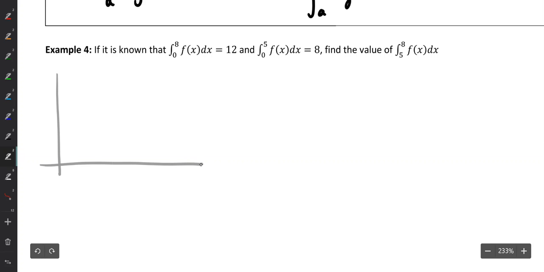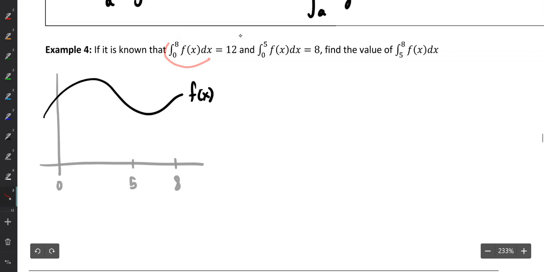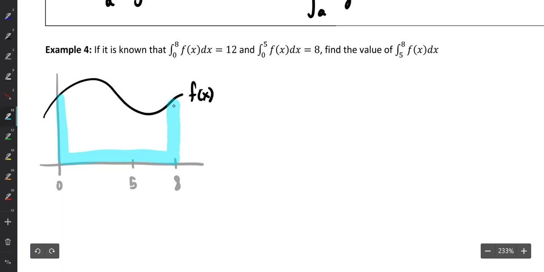We know that the area under f as x goes from 0, we need a 0, we need a 5, and we need an 8 there, right? I'm just going to make up a little sketch. Here's our f of x. We know the area under the curve from 0 to 8 is 12. In other words, I know that this whole area in blue is 12.